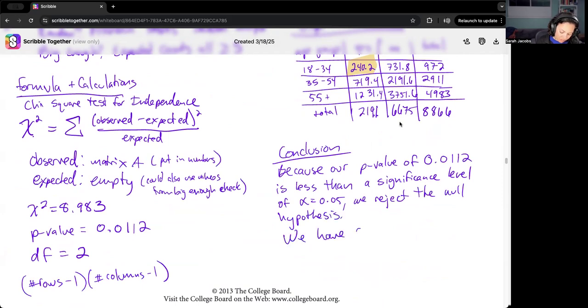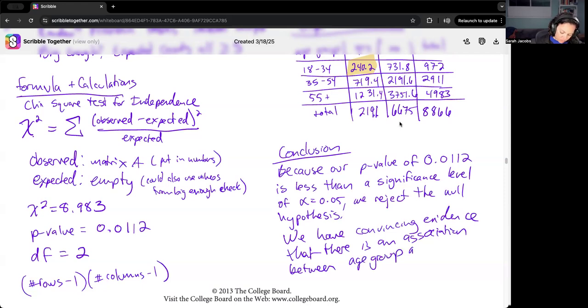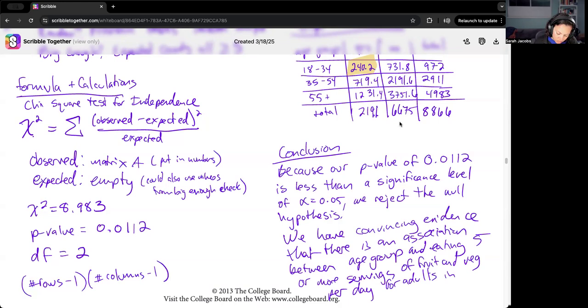We have convincing evidence that there is an association between age group and eating, what is it, 5 or more servings of fruit and veg per day for adults in the United States.